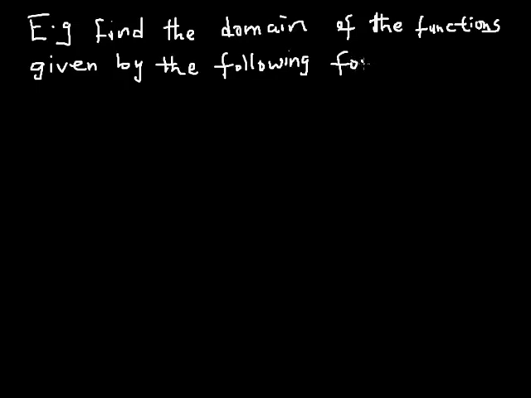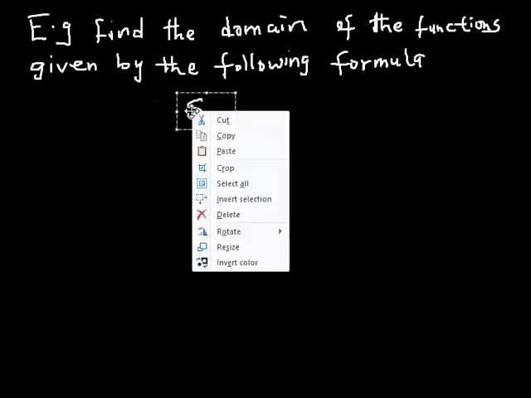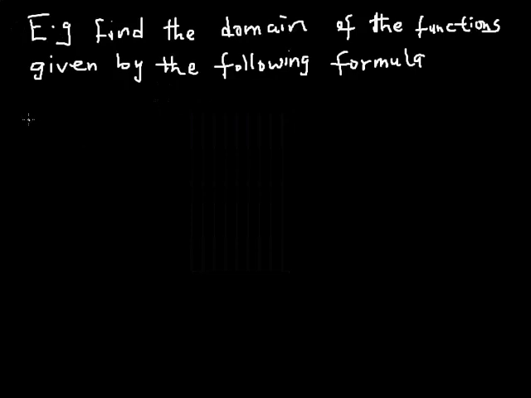We're going to look at those formulas so we'll know how to go. So what are the functions? A, we have f of x equals x squared minus 1.